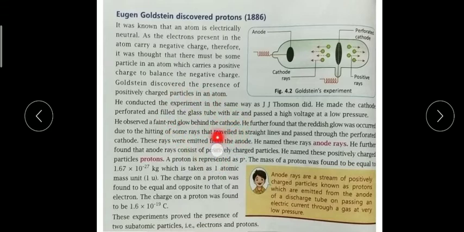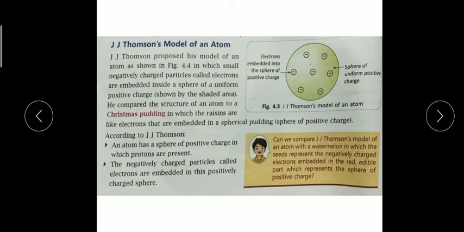In the Zoom class I will explain this in detail, as no picture is given here. So protons are positively charged. The electron rays are named cathode rays, and the positive proton rays are named anode rays, which were discovered by E. Goldstein. So remember these two.